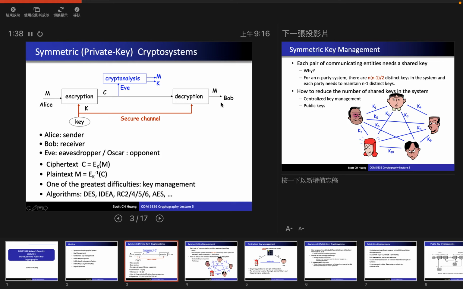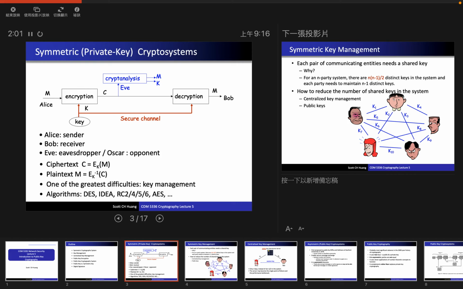That's a basic concept. So this key is crucial, so it has to be delivered through a secure channel. The fact that Bob can decrypt the message actually depends on the possession of the secure channel.